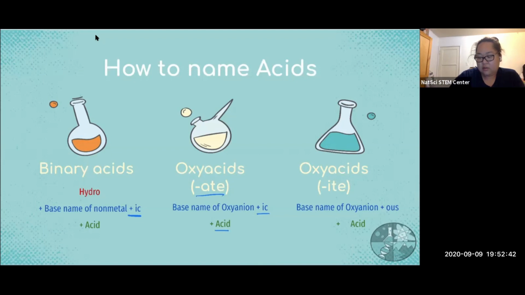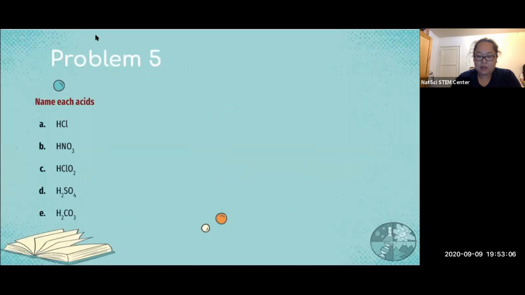And then "ite" is with "us" and acid. So the difference between binary and the oxyacids is that oxyacids use a nonmetal in the base name. That makes sense? Yeah? Okay.